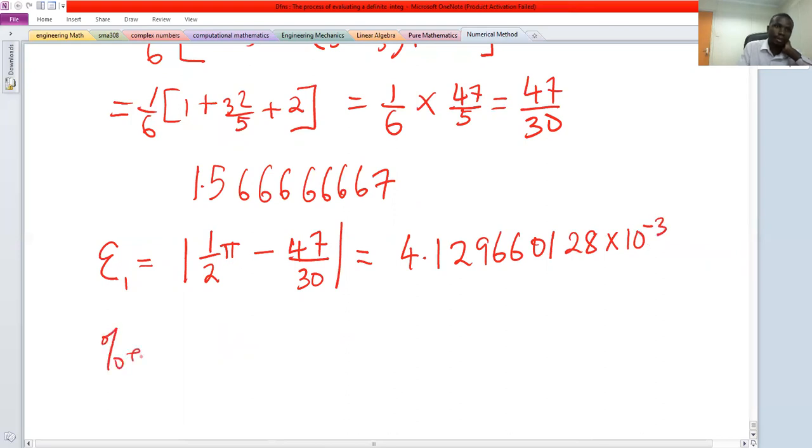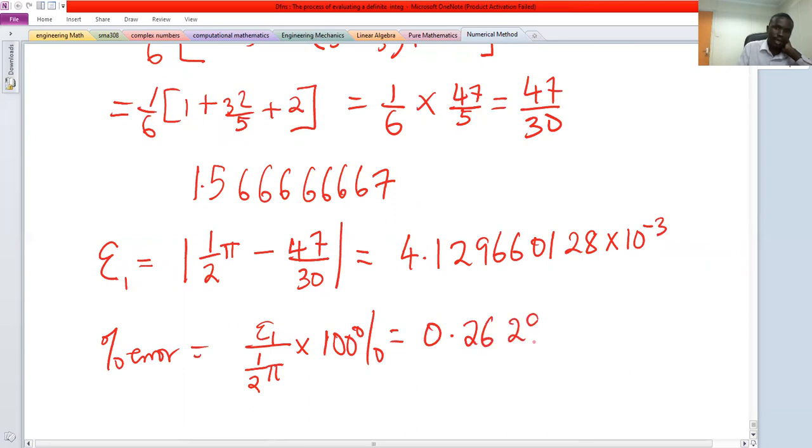Percentage error will be the error E1 over the true value, a half pi, times 100%, and this will give you 0.262902391%.